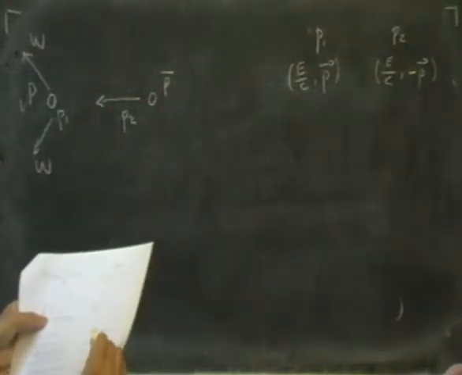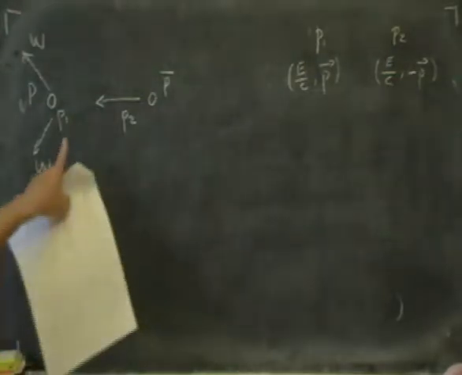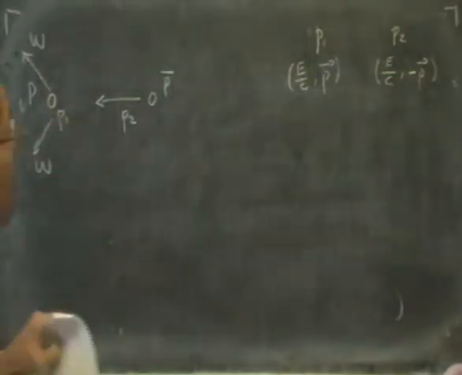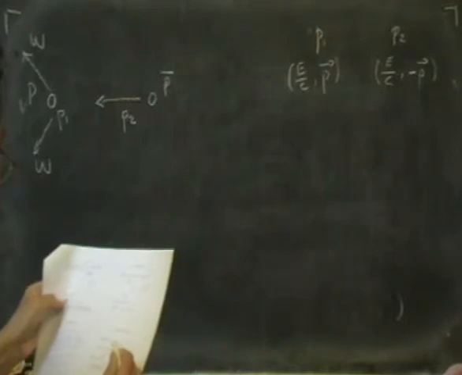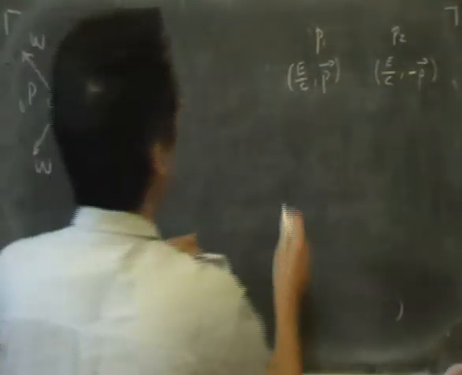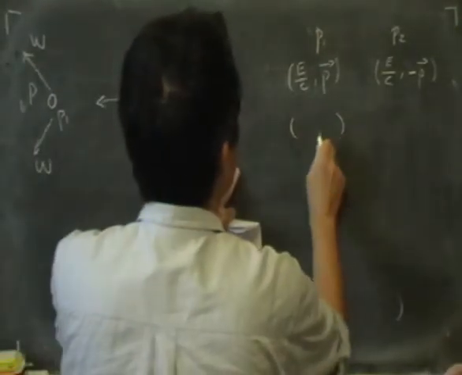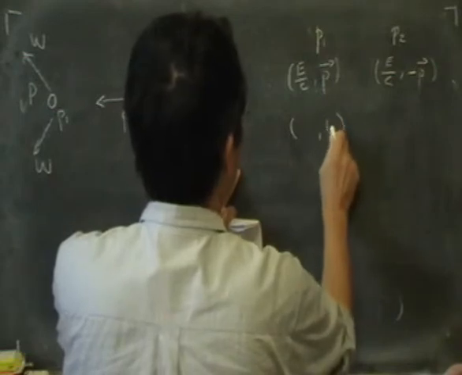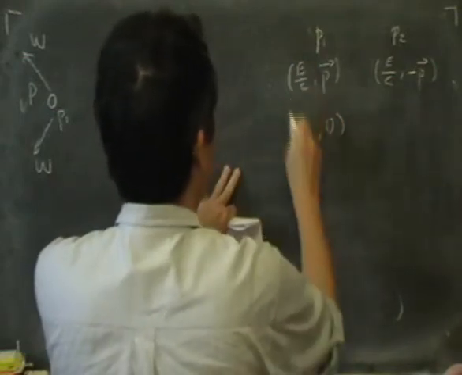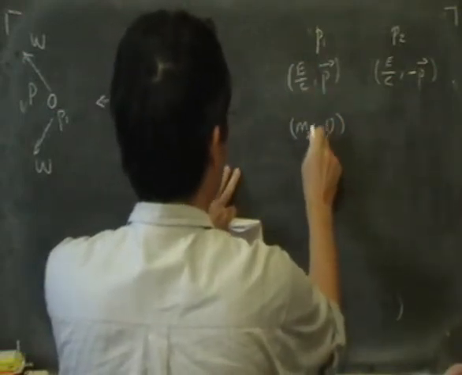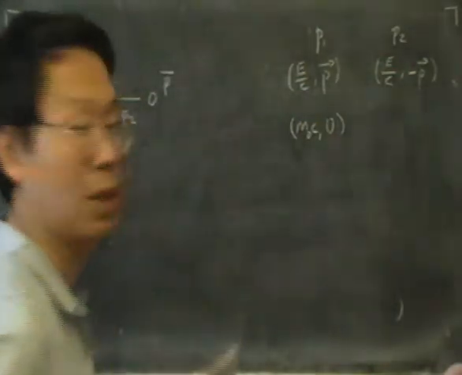P1 refers to this proton at rest, so the three momentum of P1 is 0. The E over c would be just m naught c, the rest mass.